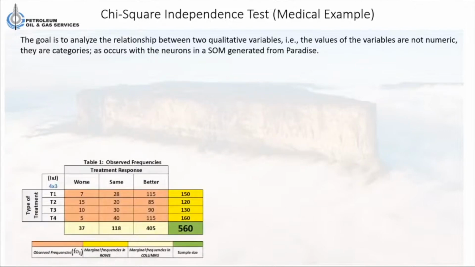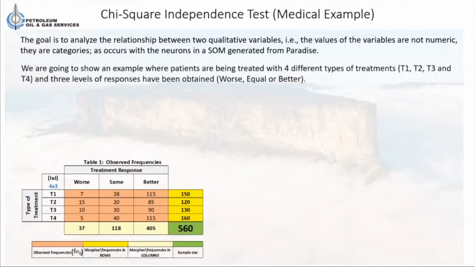Okay, this is a medical example. As you can see, you have several types of treatments, treatment 1, 2, 3, and 4, and you have 3 levels of responses obtained from the experiment.